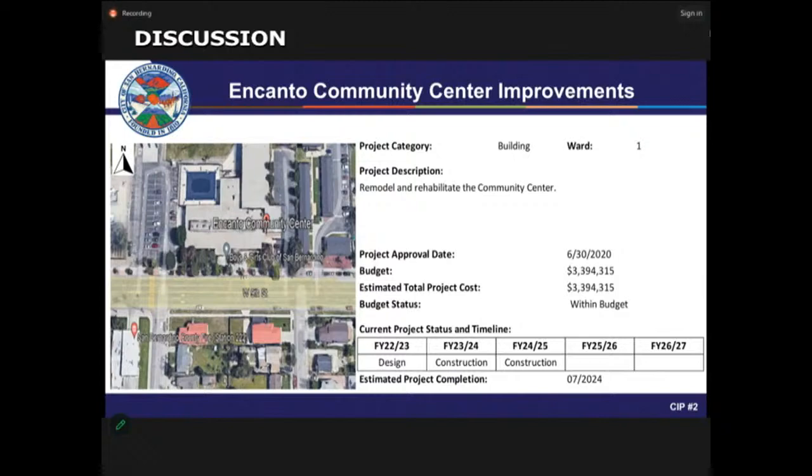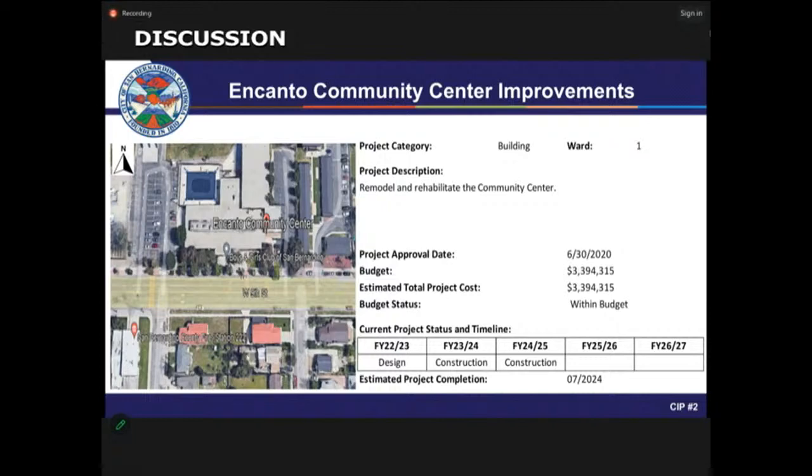Especially for ongoing projects, that can be a cost that we need to be regularly updating, so this is our projection at this point in time. And then the budget status, which will show whether it's within budget or if we have a shortfall. For shortfall projects, we also have a proposal for how to resolve the shortfall situation. And in some cases we have a surplus, for projects that are nearing closeout.